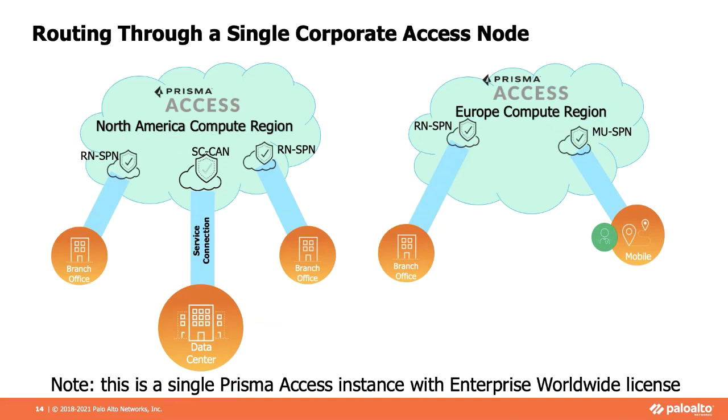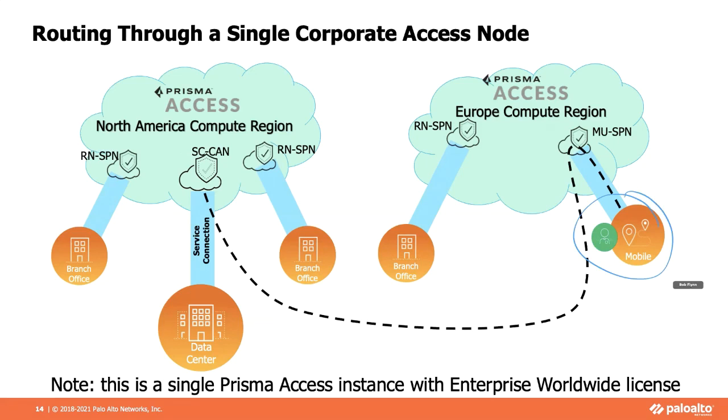But remember that this corporate access node also acts as a router. So if I had a situation where I had a mobile user sitting in, let's say Munich, because we're in Europe here, and they need to talk to somebody in a branch office in Frankfurt or in Paris.